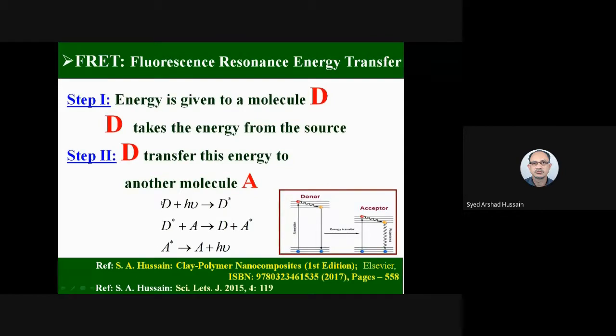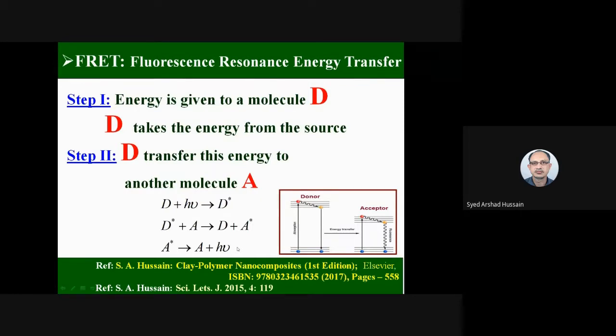Here you need two molecules, two fluorophores. One is donor, one is acceptor. You excite your donor molecule, it will go to the excited state. It will come to the ground state through non-radiative transition, and it gives energy to the acceptor. The acceptor goes to the excited state, and it will come back to the ground state by releasing a photon. That means it will show radiation.